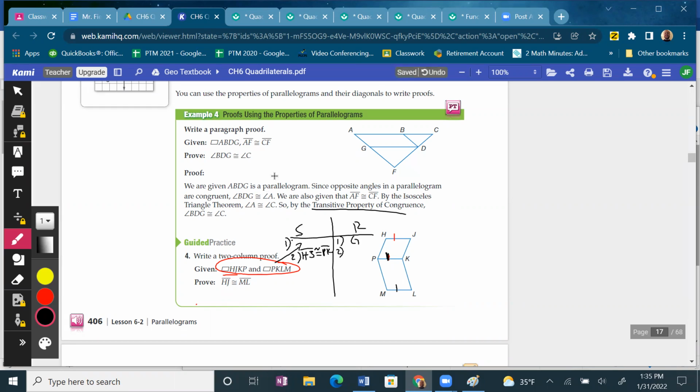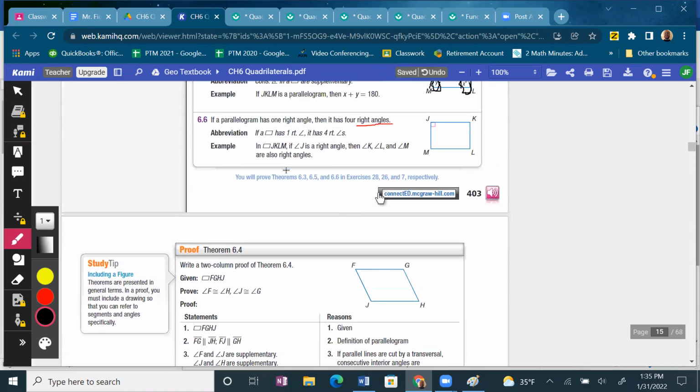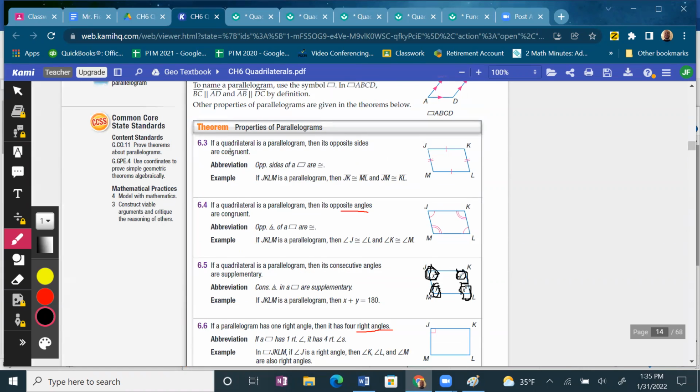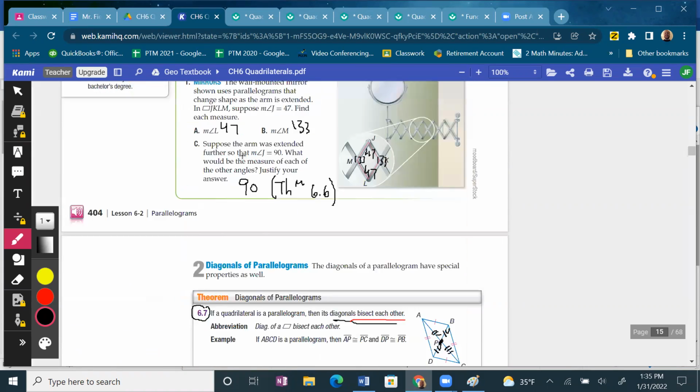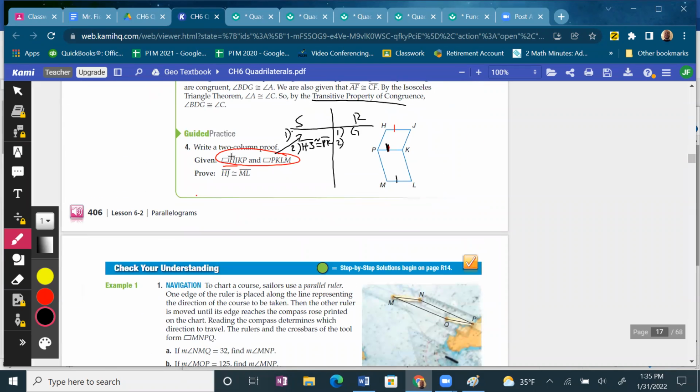Is that 6.3? If you can remember the theorem numbers, I remember the theorem number. Isn't that good? Theorem 6.3 in the text. Then I can just write theorem 6.3 for my reason. Nice and easy.